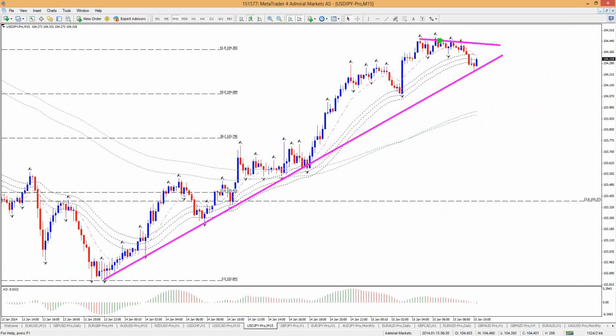So if we break above magenta or below it, that could be an indication of either of the two from an intraday perspective. But I would rather hunt for a different currency pair at the moment. I don't trust the upside because of the 15-minute divergence. I don't trust the downside either as yet, although I do think it has a good chance of getting to the 38.2.